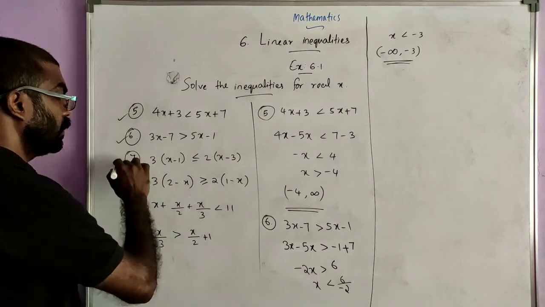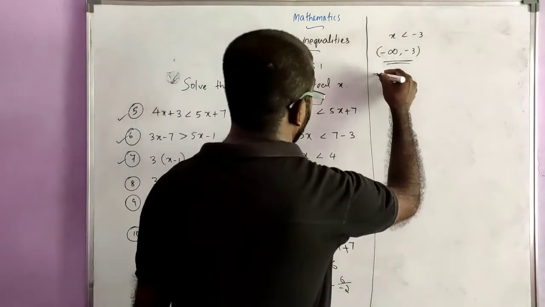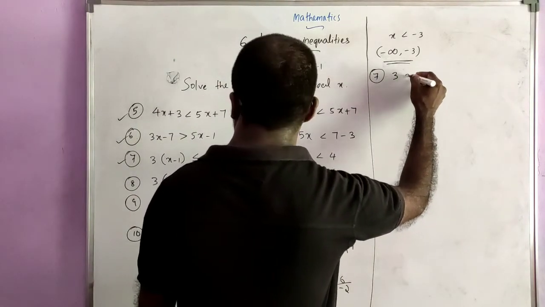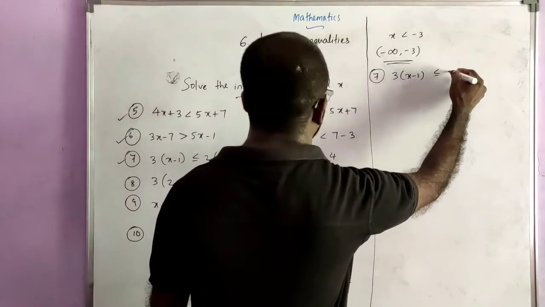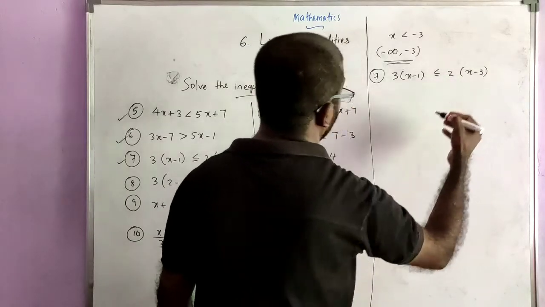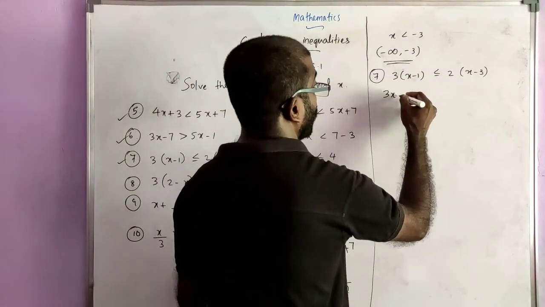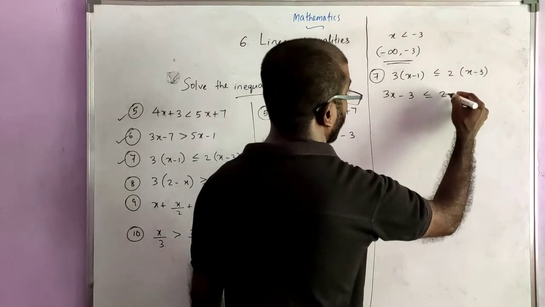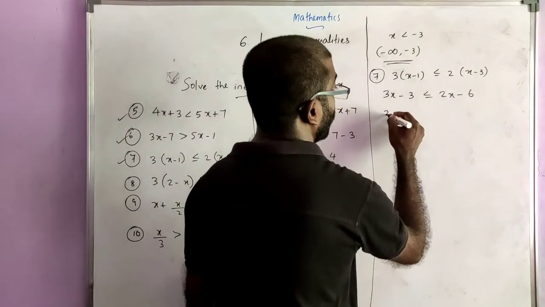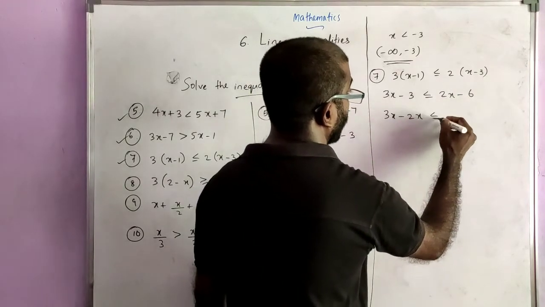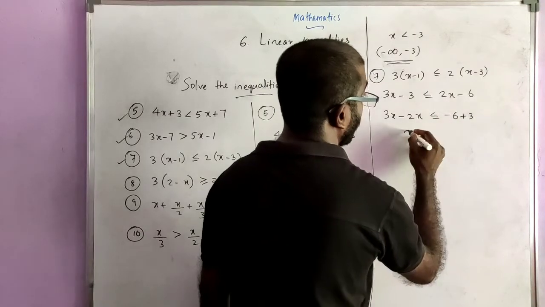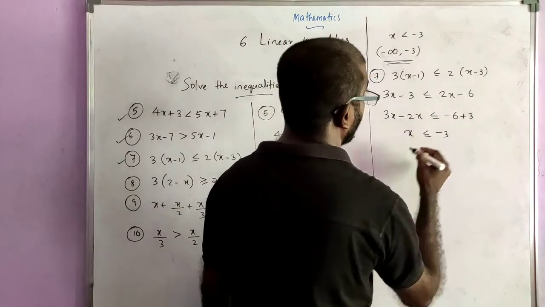Now the seventh question is 3 into x minus 1 less than or equal to 2 into x minus 3. First we can multiply: 3x minus 3 less than or equal to 2x minus 6. 3x minus 2x less than or equal to minus 6 plus 3. X less than or equal to minus 3.